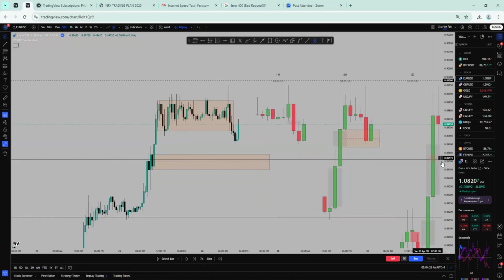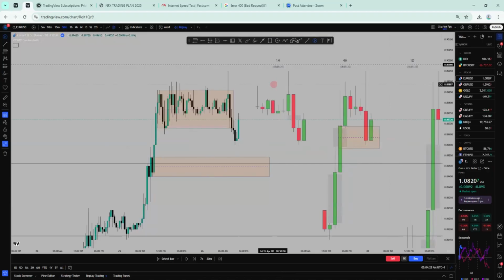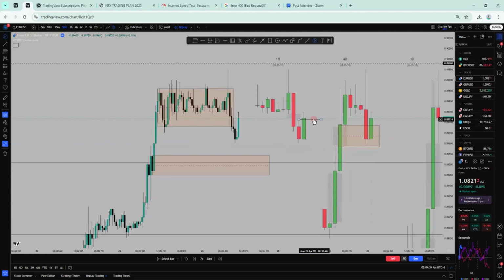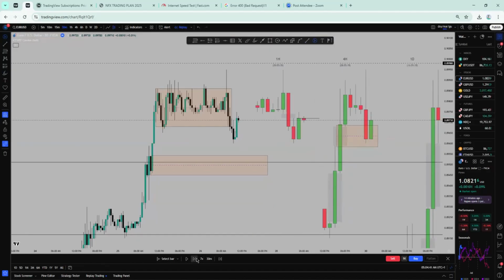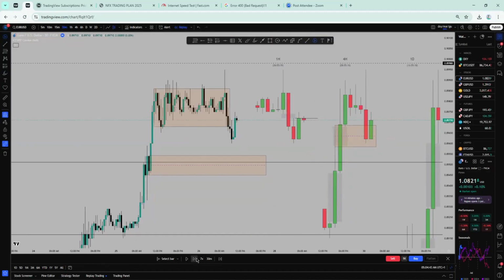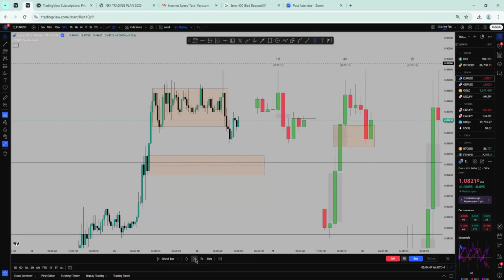But price had already filled this fair value gap on the 4 hour. So let's just see, maybe you have a good close on the 1 hour time frame. We have not closed above that candle yet. I would have loved to see price run this low again into this other block or even this fair value gap.